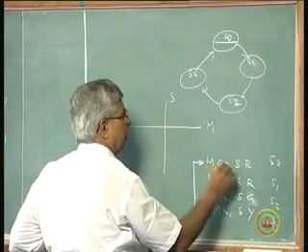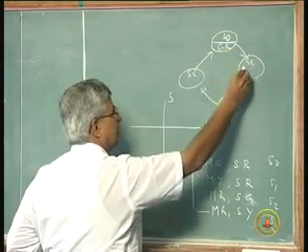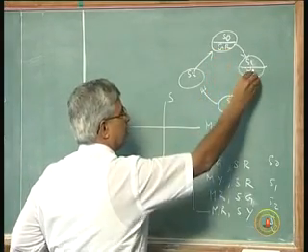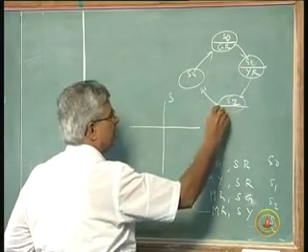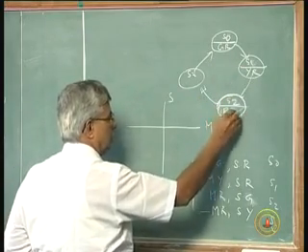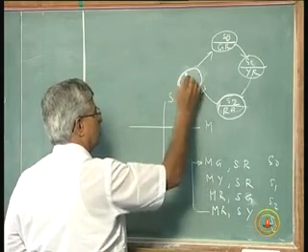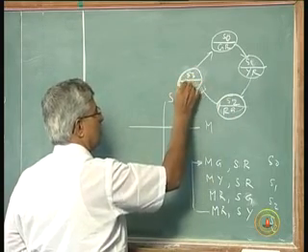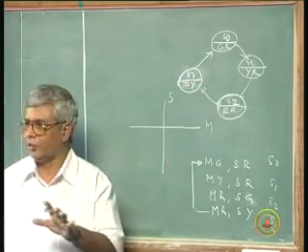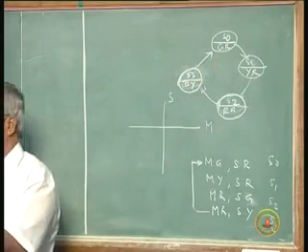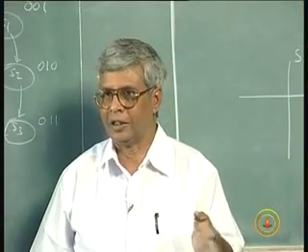MG, SR, so I will write GR, I will write YR. First is the main light, second is the side light, then RG, then RY. And I am assuming a clock of 30 seconds, which is very impractical. Then there is no need for an external input and external intervention and all that type of thing.